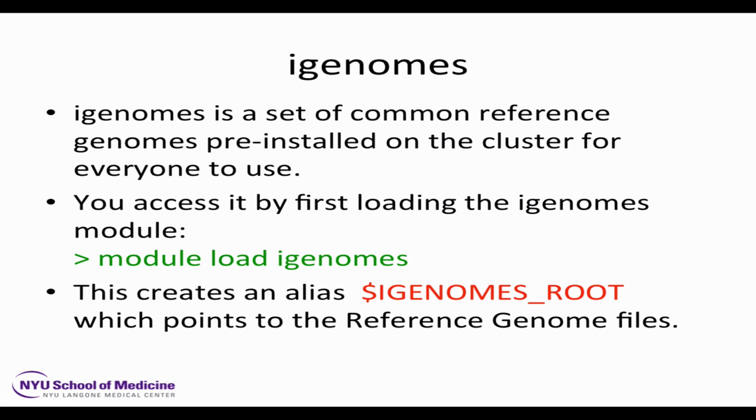It points to the reference genome directory. There's a lot of subdirectories that go by species and then by maybe Ensembl or GenBank or UCSC, and then there's a separate folder for the annotations versus the genome. There's a separate folder for Bowtie versus BWA indexing.